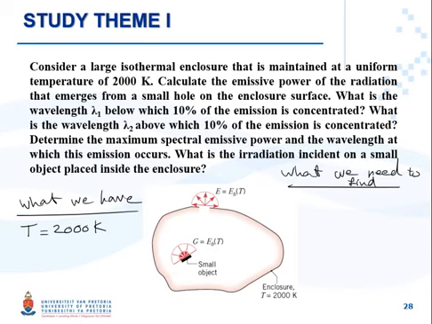So the emission from the hole of any isothermal enclosure has the characteristic of black body radiation, because basically what he's saying is everything is the same as the same concept we used for characterizing a black body.